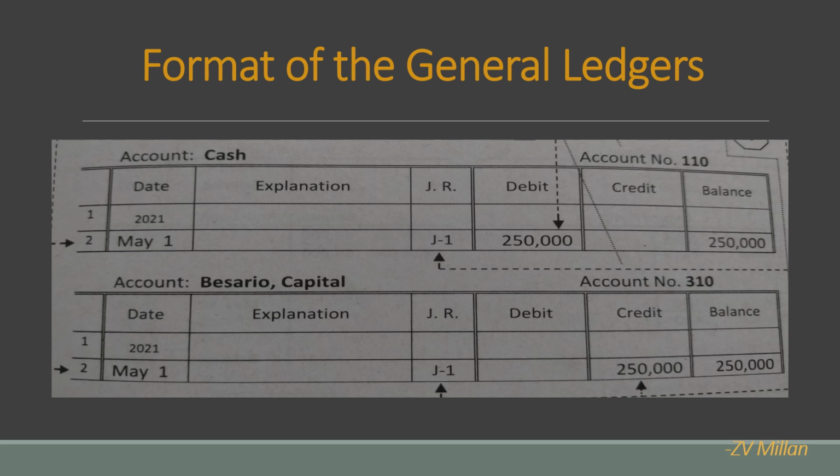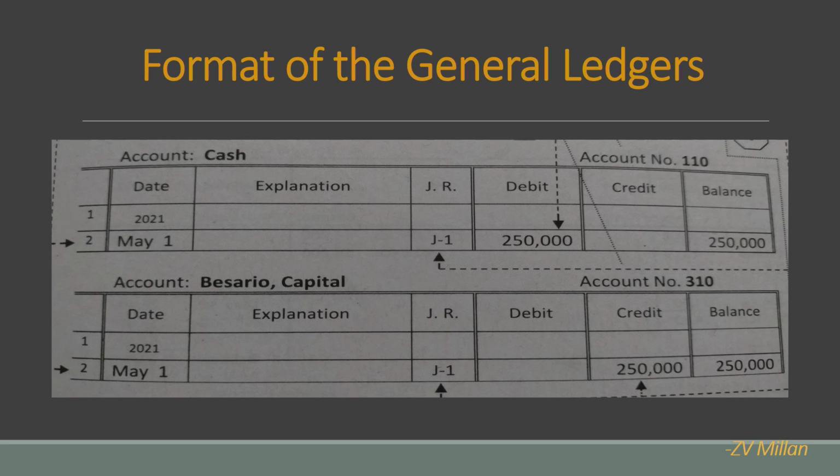So whatever is the date of a specific transaction that we journalize in the journal, we transfer it to the ledger. And kung ano man yung date na nakalagay doon, yung pag-record natin ng entries sa general journal or special journal, yun din yung ilalagay nating date on the general ledger kapag pinost na natin yung transactions.